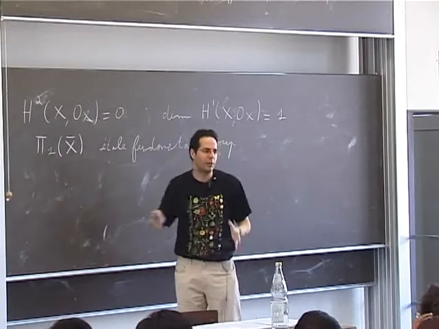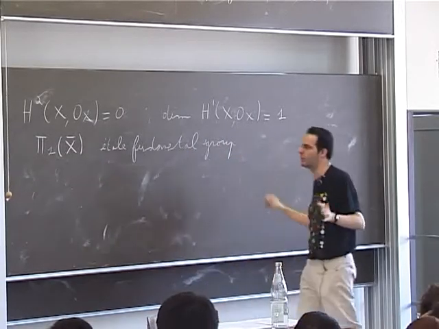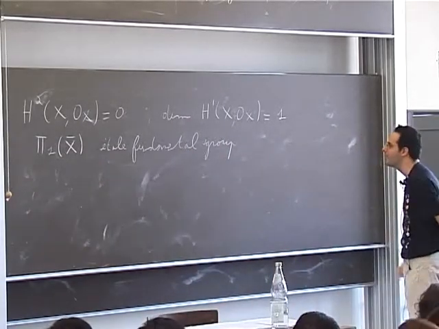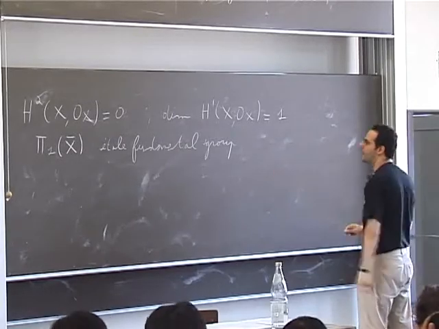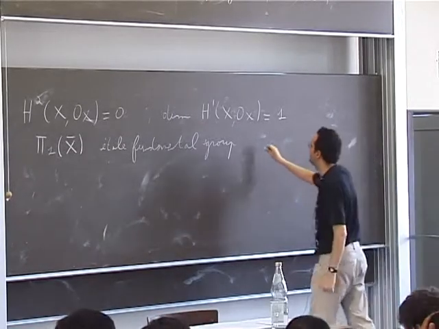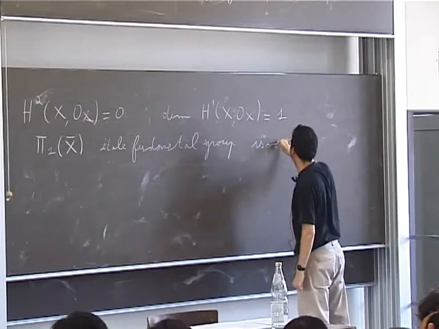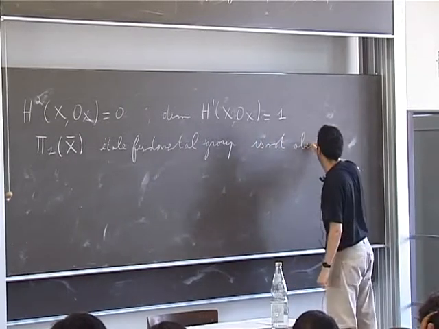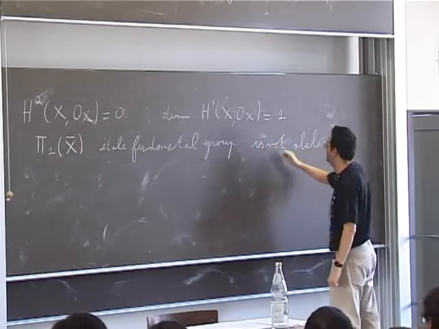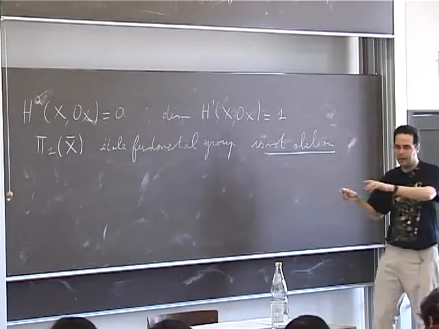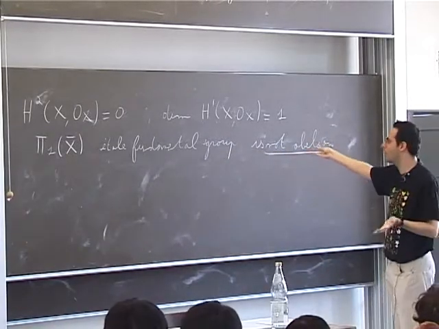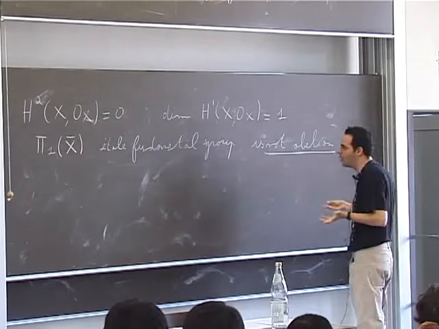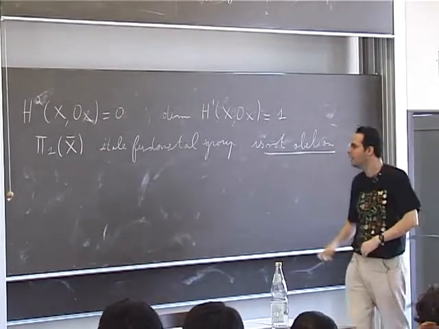This one is just the profinite completion of the usual topological fundamental group. And the important fact is that pi 1 of X bar is not abelian. This means that there are interesting geometric coverings with a Galois group that is not abelian.